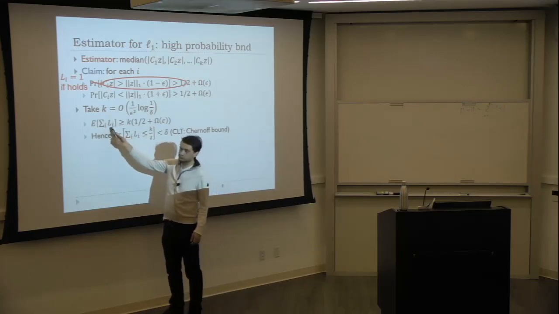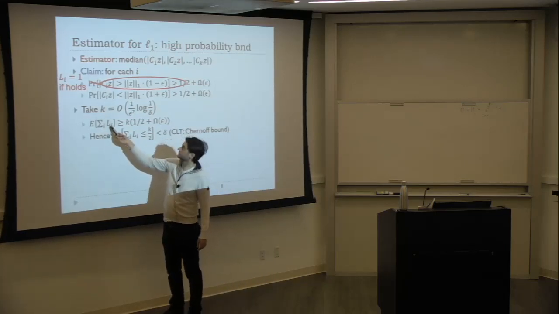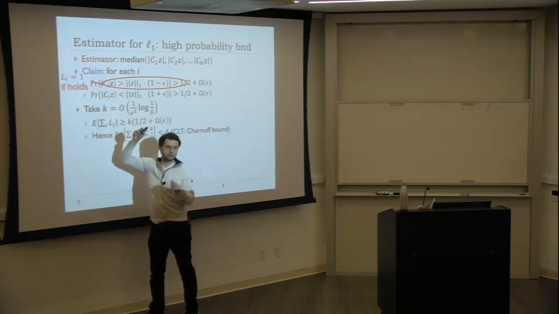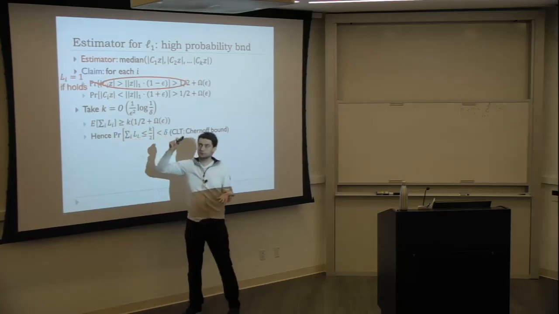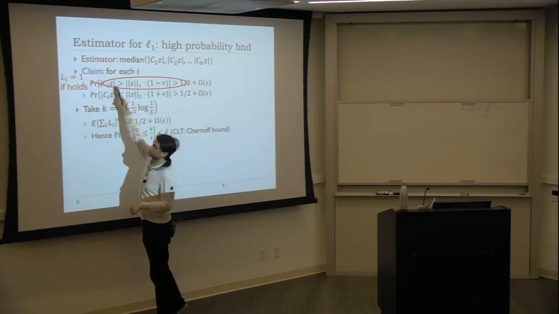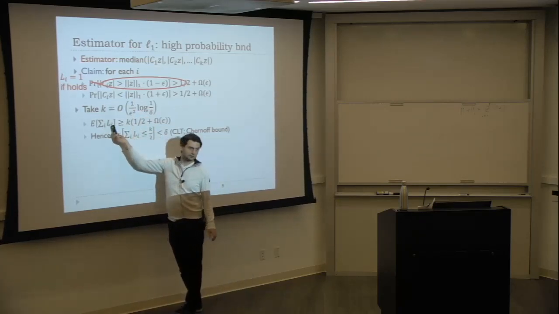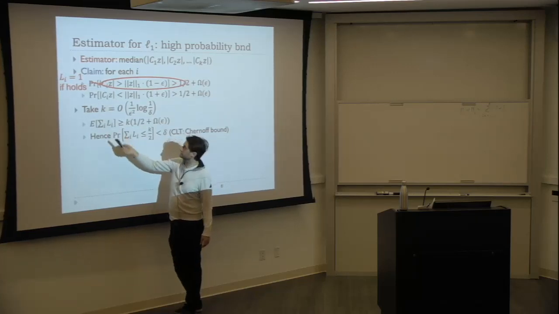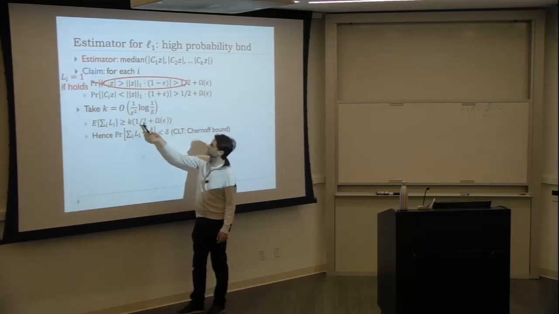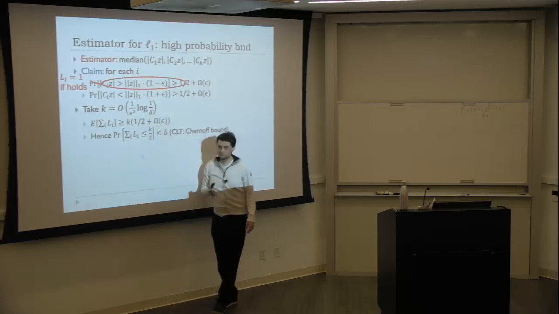Now, what do we have? We have a summation of i.i.d. random variables. Each of these Ci is an independent random Cauchy vector, hence all these events are independent from each other. So we have a summation of k indicator random variables which are i.i.d. Their expectation is at least k times half plus omega epsilon.